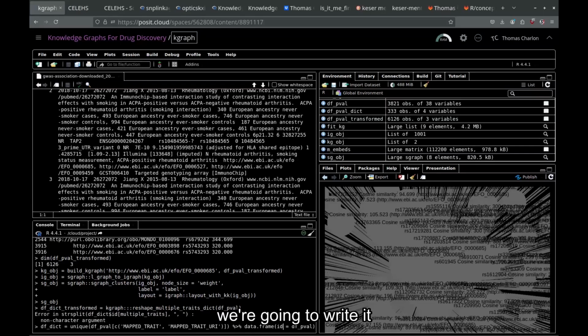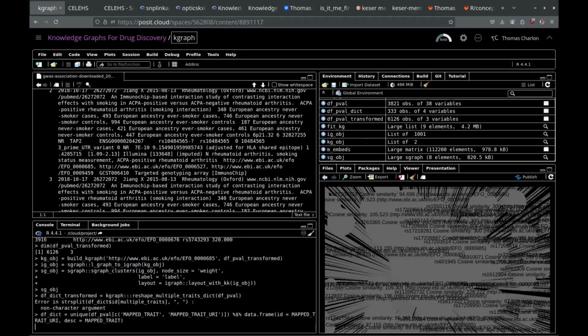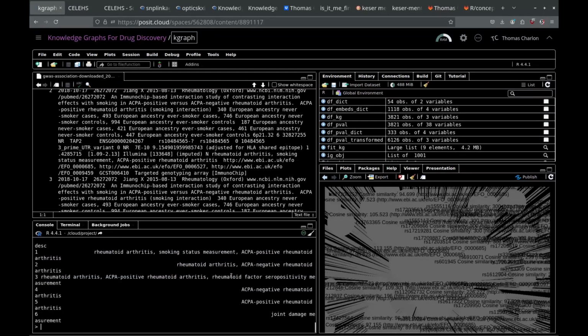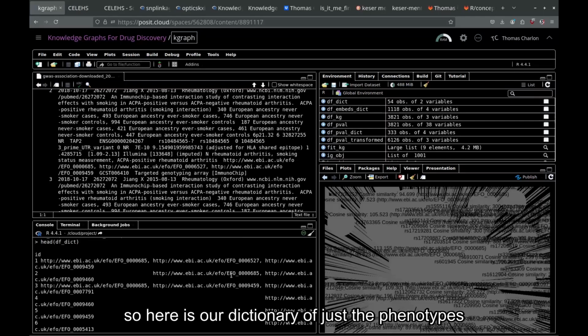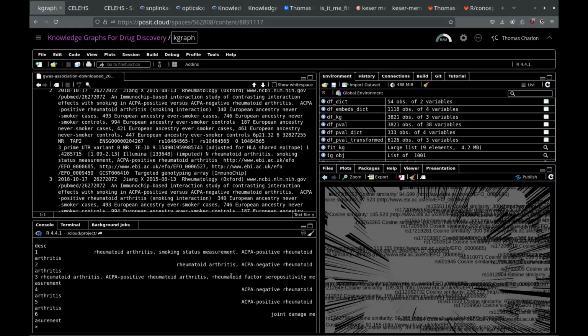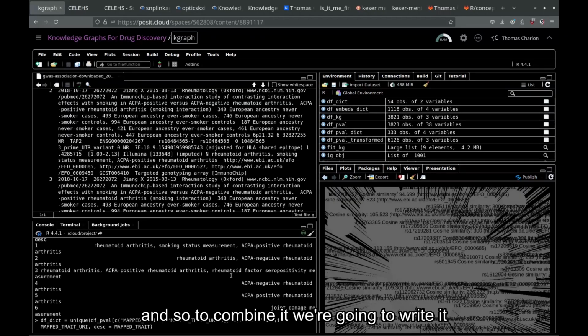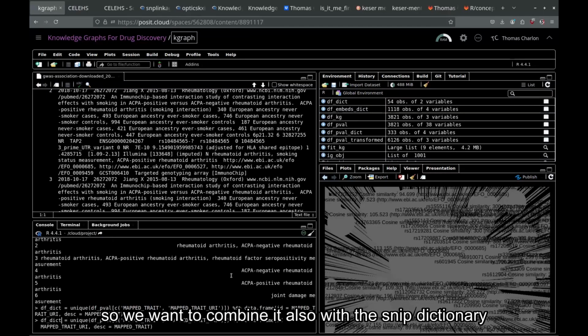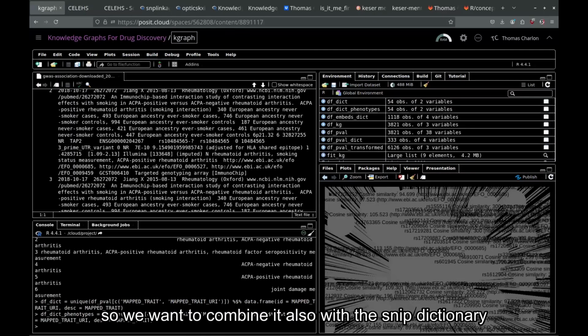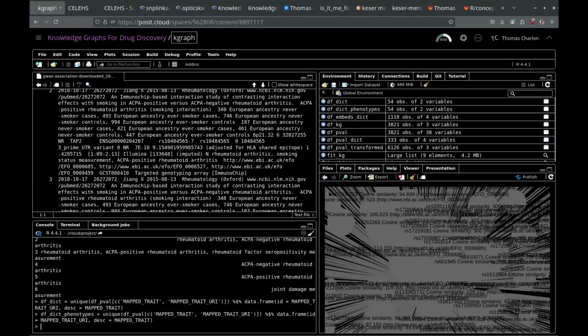And give it directly. So here is our dictionary of just the phenotypes. And so to combine it, we're going to write it. So we want to combine it also with the SNP dictionary.